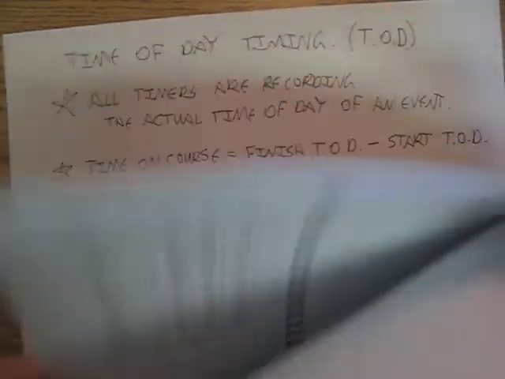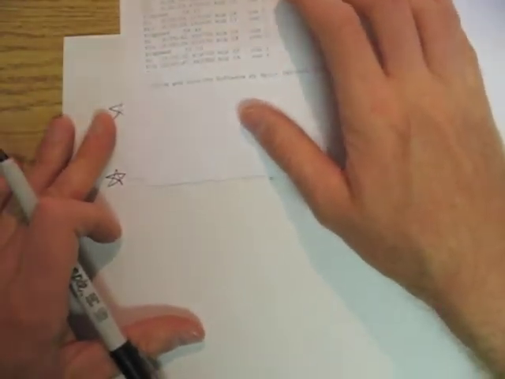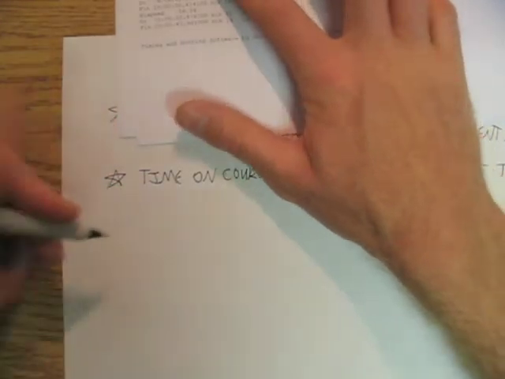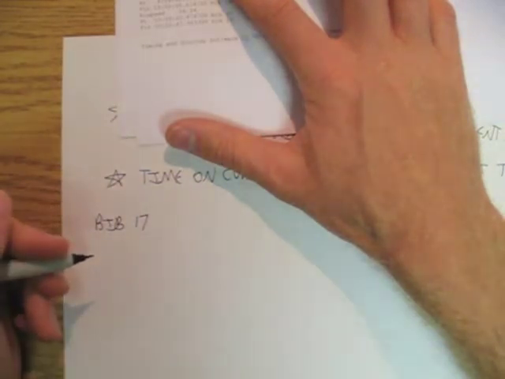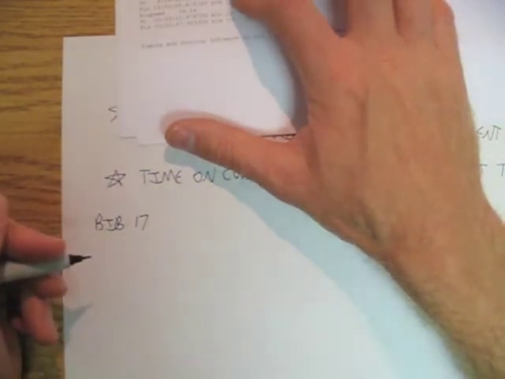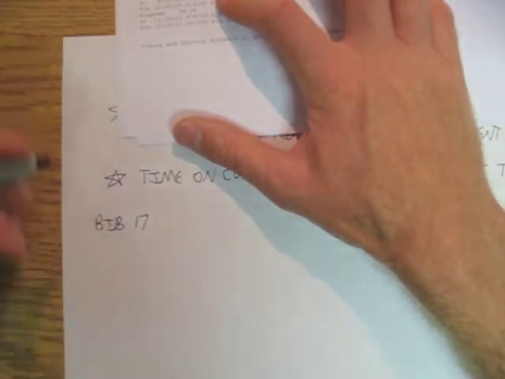So here I've got some data that I use in various seminars. This is actual data from an actual race. I have bib 17 and run 1, and I really want to do finish minus start.